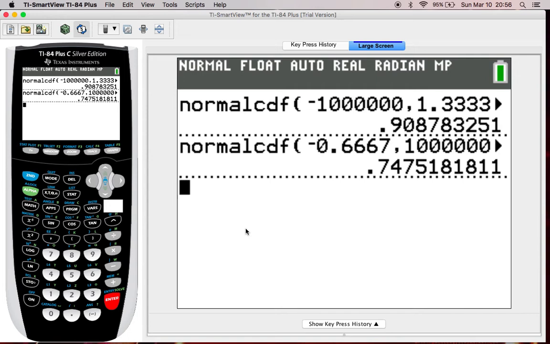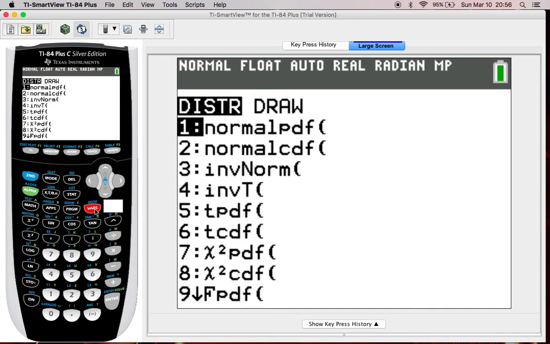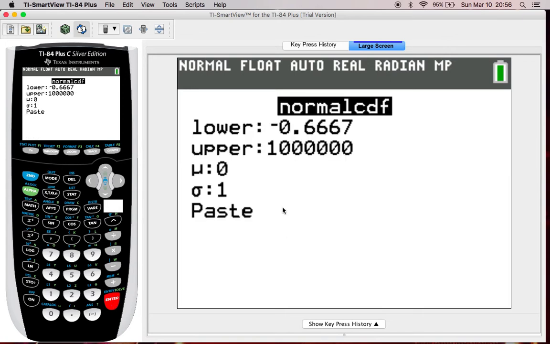So then the last type of problem we did was between 90 and 120. So we're going to go to that same number again, so second vars, get into our distribution list. Number 2, normal CDF. So your lower bound is going to be the smaller z-score, which for our case again is -0.6667.